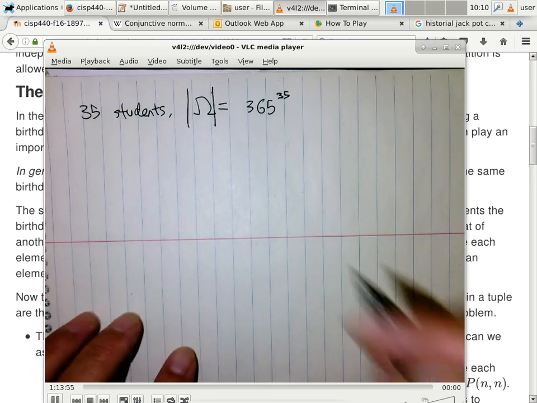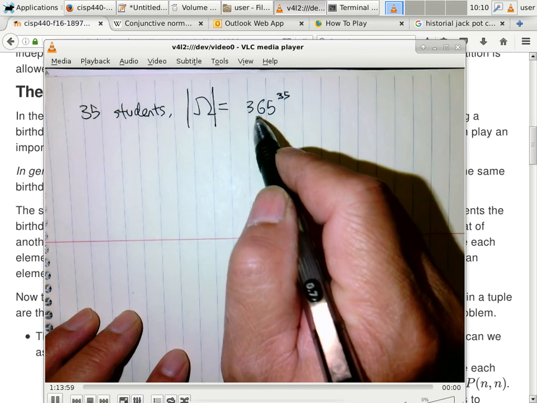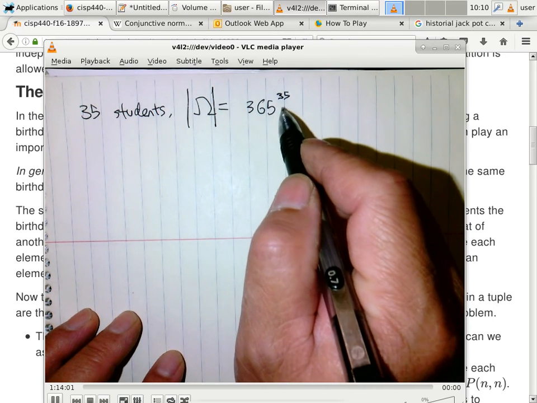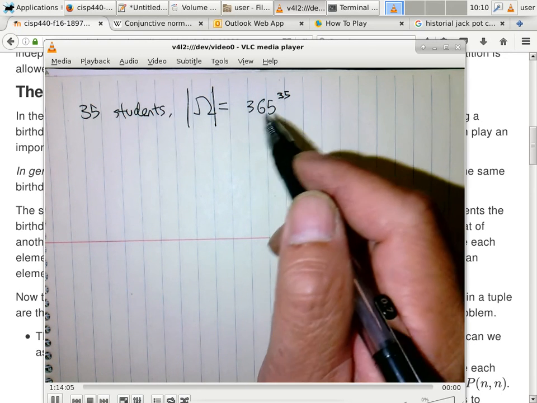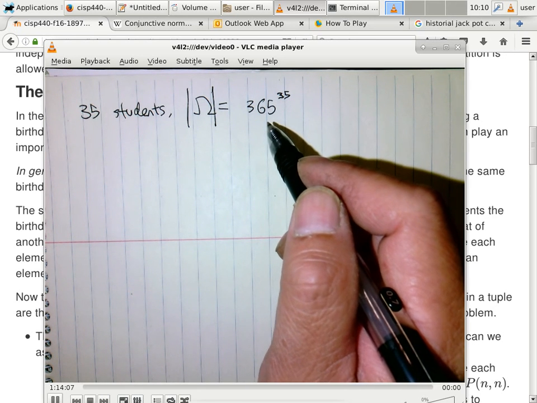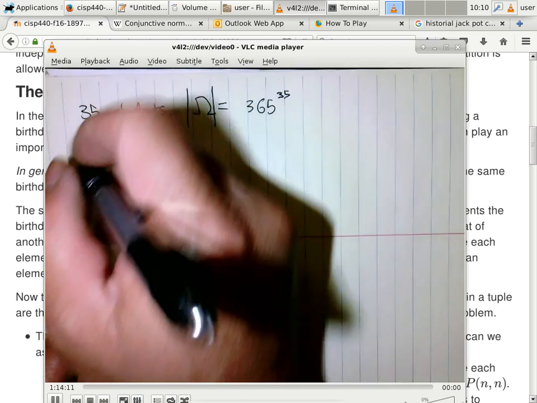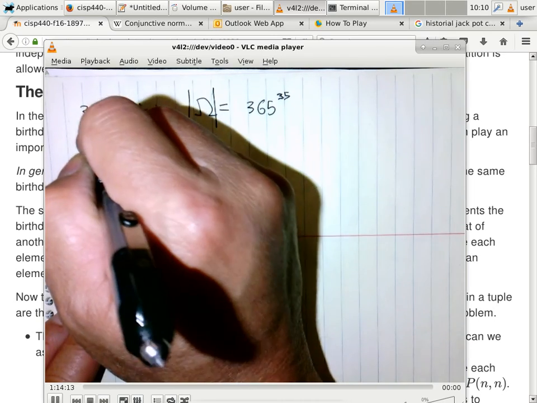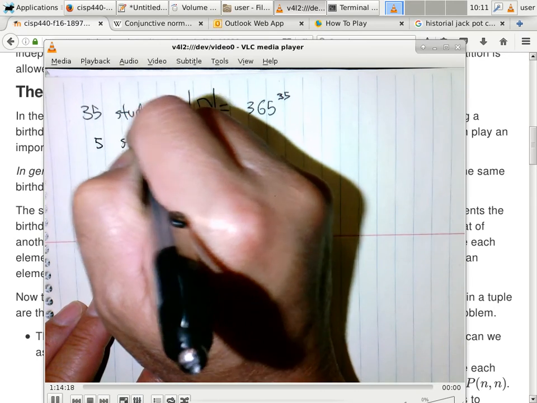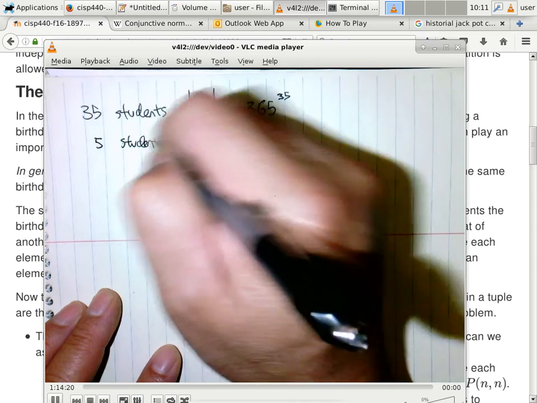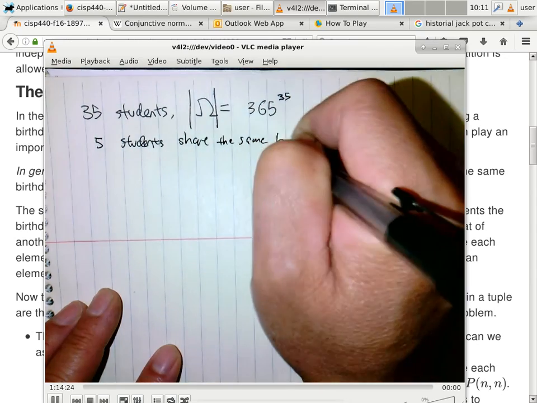All right. So now that we know that the cardinality of omega is 365 to the power of 35, now we need to figure out, out of these many cases, how many of these elements would fit the description that I'm interested in? Okay, so I'll restate what I'm interested in. I want the case where 5 students share the same birthday.